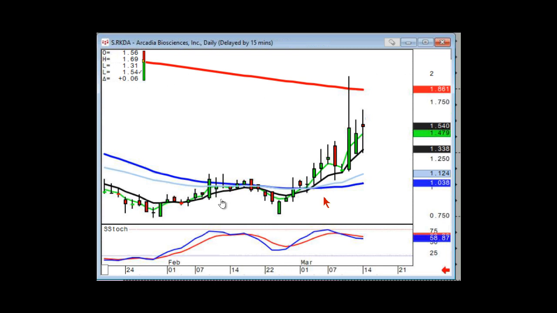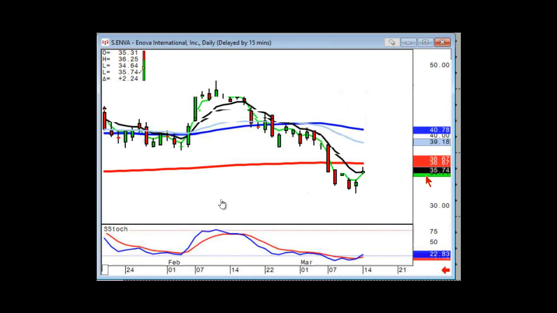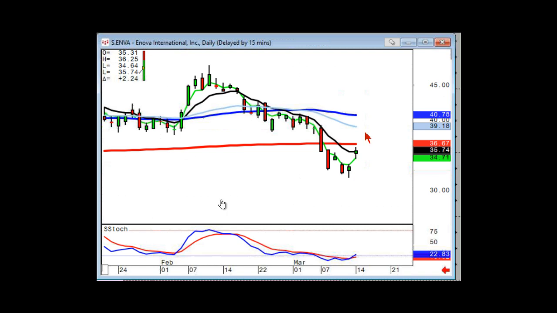RKDA, nothing major here other than if you're long, you stay long as long as it stays above the T-line. ENVA. If you're thinking about buying, you want to see it open positive tomorrow.